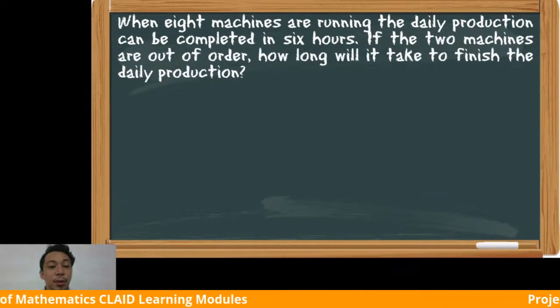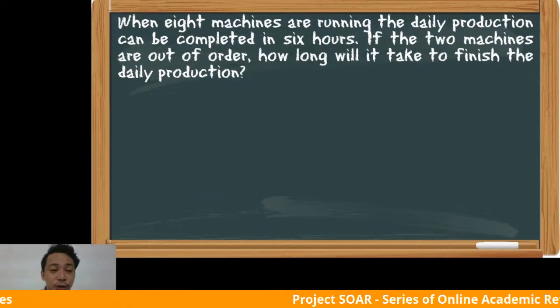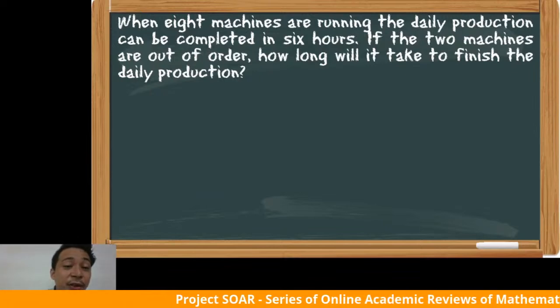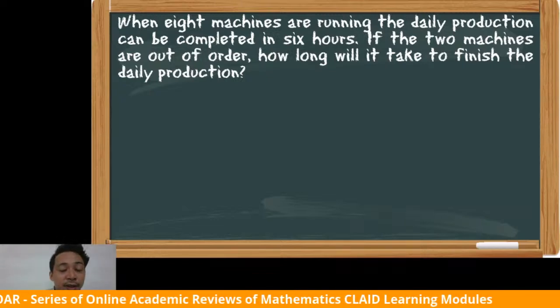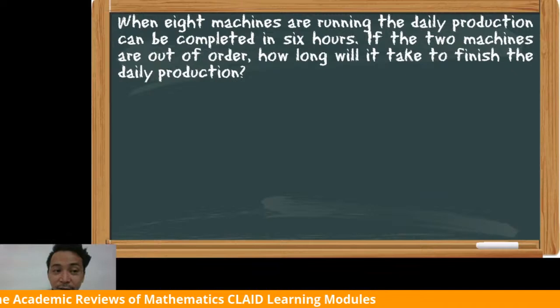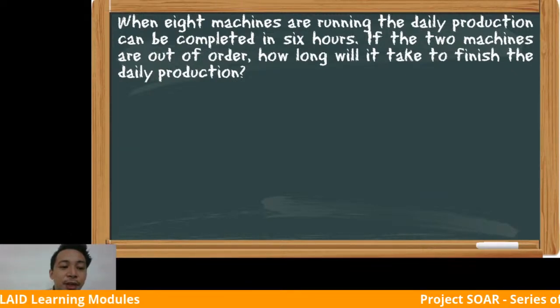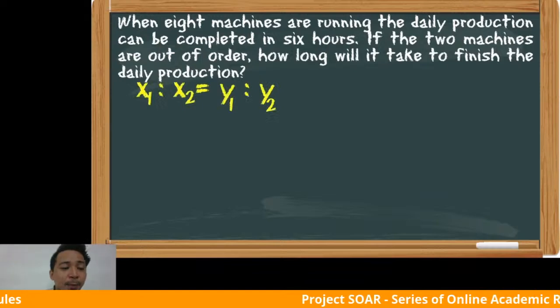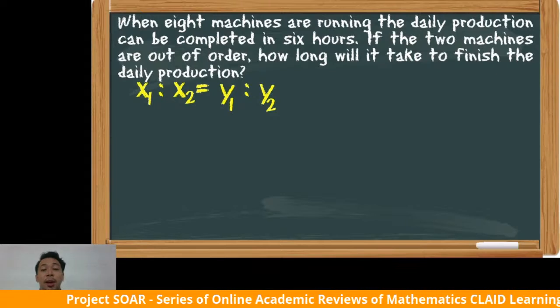So we all know that this problem is an inverse proportion because as you increase the number of machines, the number of hours decreases. So in this situation, we will be using the equation x sub 1 is to x sub 2 equals y sub 1 is to y sub 2.